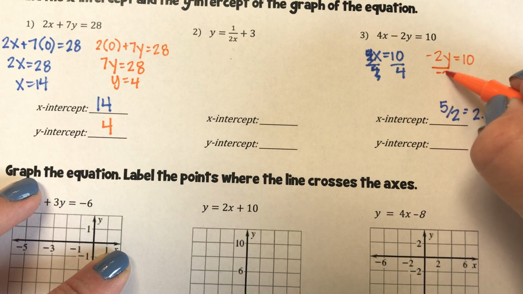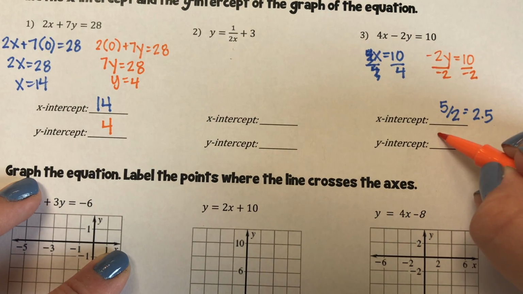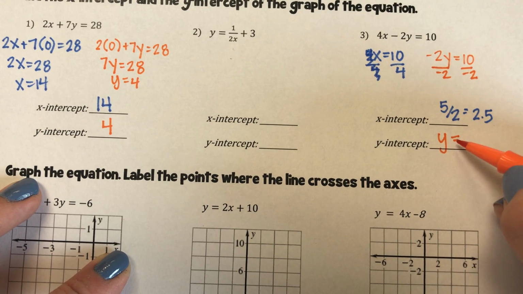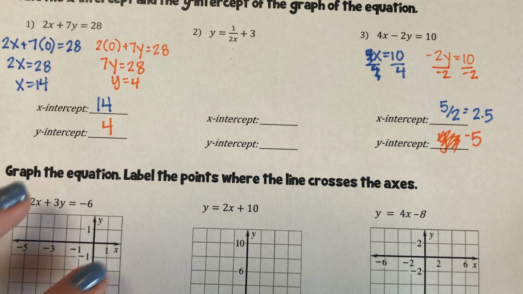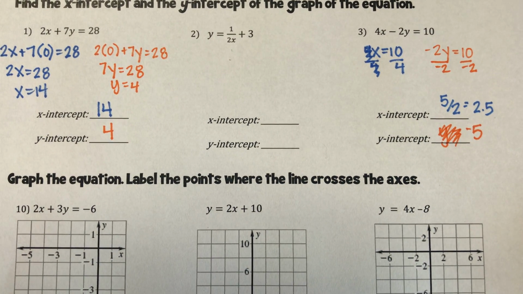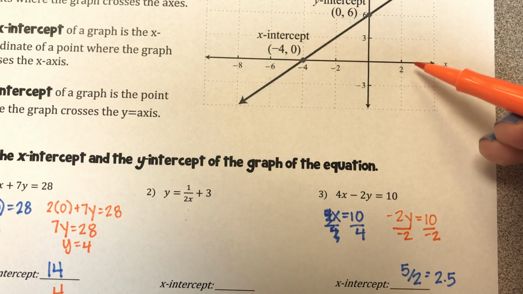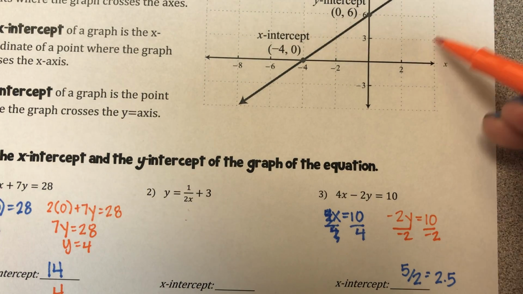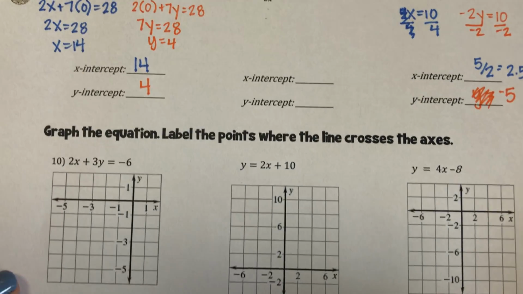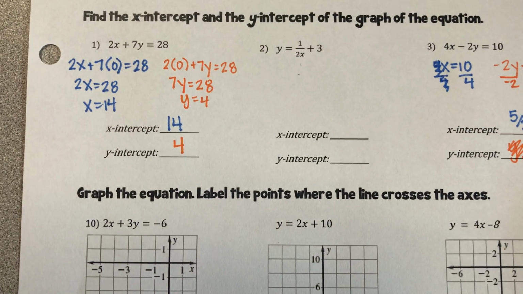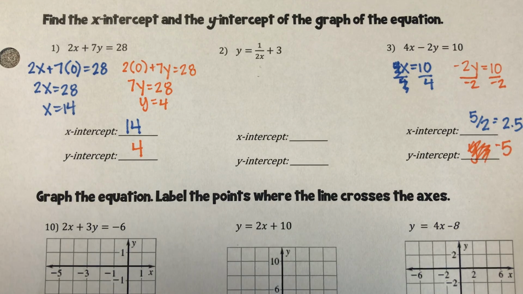So now we're going to divide both sides by -2, and that leaves me with y equals -5. So my y-intercept would be down there at -5. If I were to put it on a graph, I would have 2.5 somewhere right here, -5, and it would go like that.